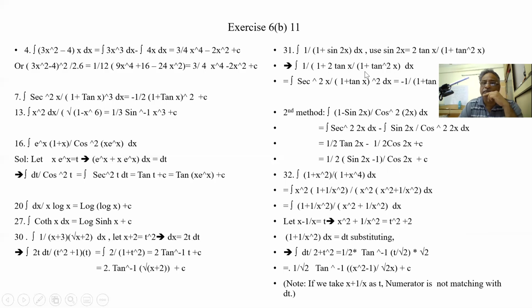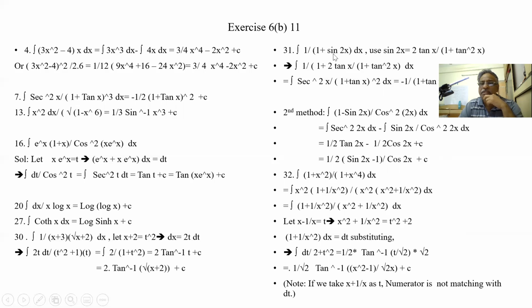What is the second method? This is a slightly tricky method, using 2 tan theta by 1 plus tan square theta, converting it into simple f dash x by f of x. Suppose both sides I am multiplying with 1 minus sine 2x. This is 1 plus sine 2x, and I am multiplying by 1 minus sine 2x.